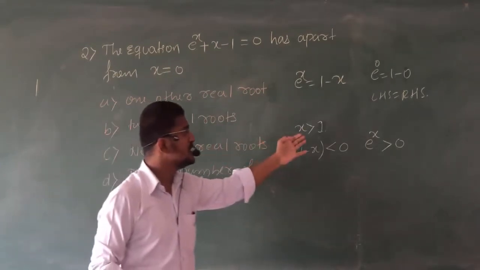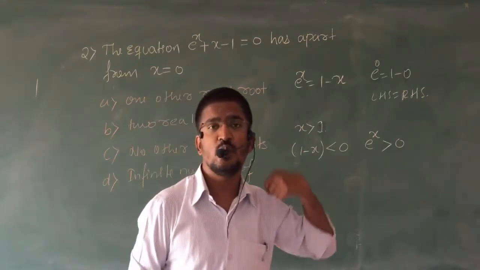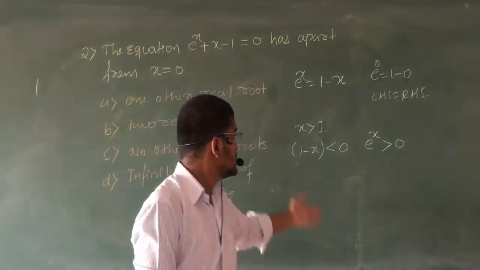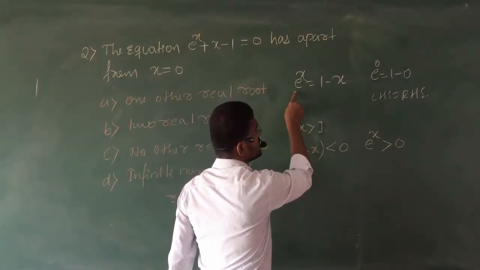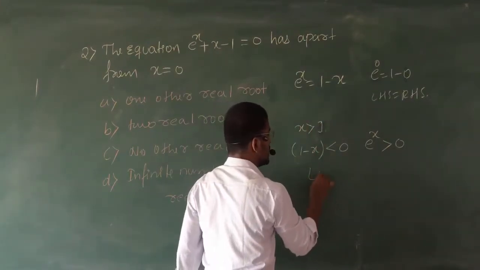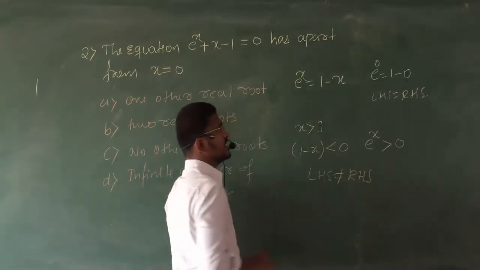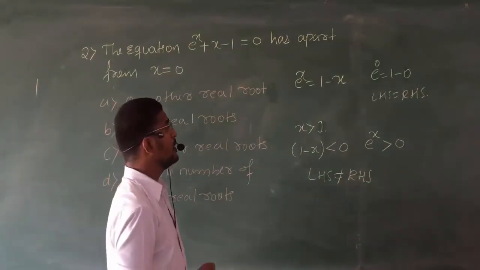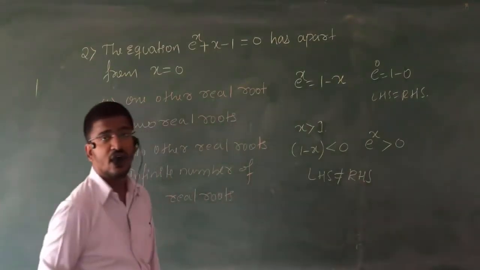So from this we see that if x is greater than 1, that means as x goes to positive infinity, LHS will be negative, RHS will be positive, so LHS is not equal to RHS as x is greater than 1. Now, if you take x lesser than 1, are you getting my point?